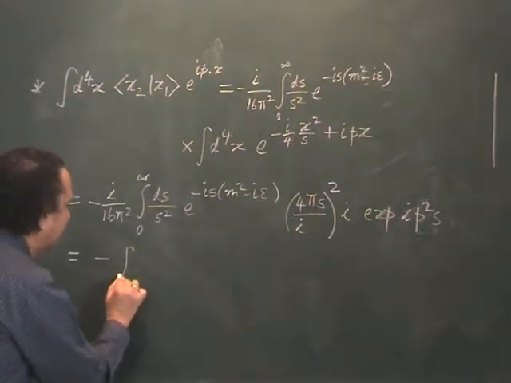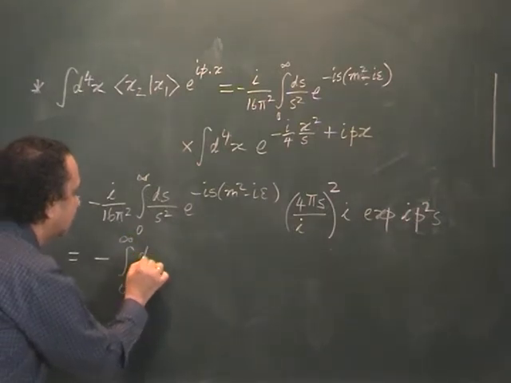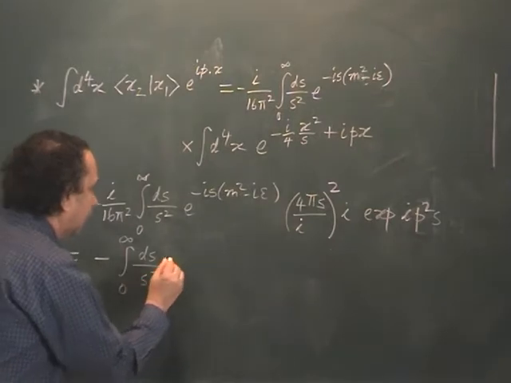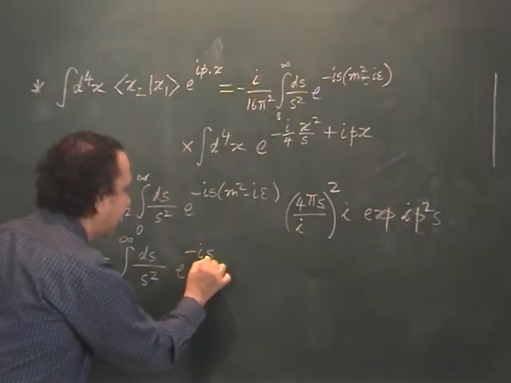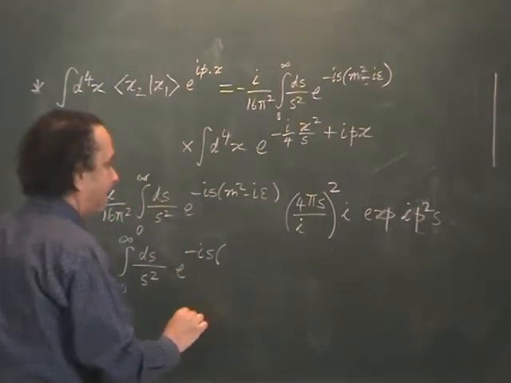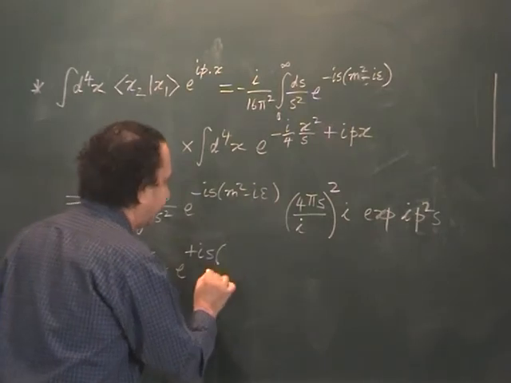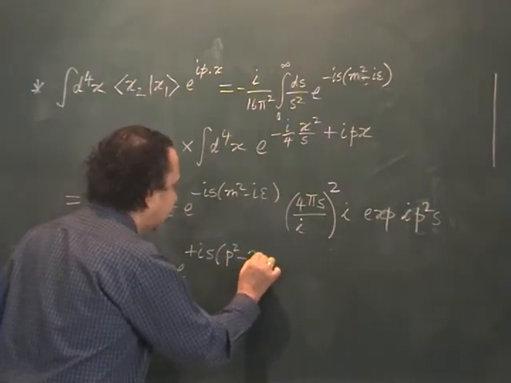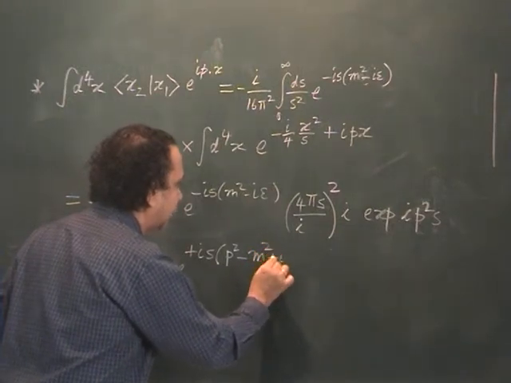So I get an integral 0 to infinity ds upon s square e to the minus is, okay, or rather e to the is p square minus m square minus is plus h.